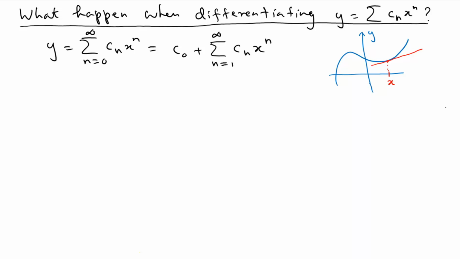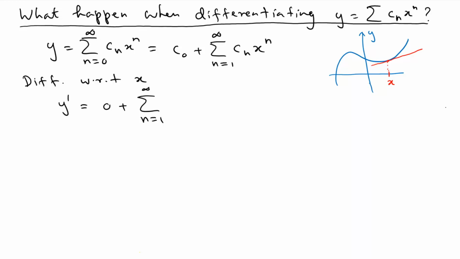Okay, good. So now we take the derivative, differentiating with respect to x, because x is the variable. You're going to get y prime, and when you take the derivative of c0, it is 0, so that term goes away. Inside, because we know that we can take the derivative of the series, we just take the derivative.